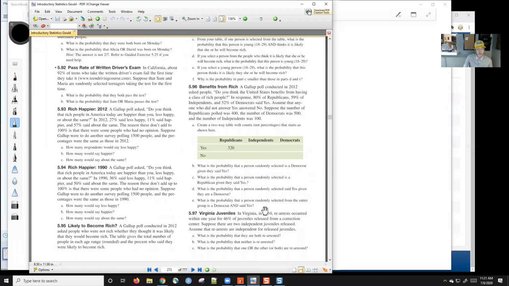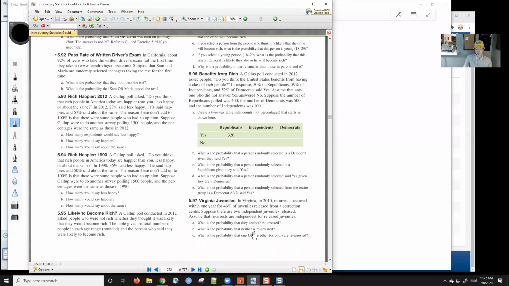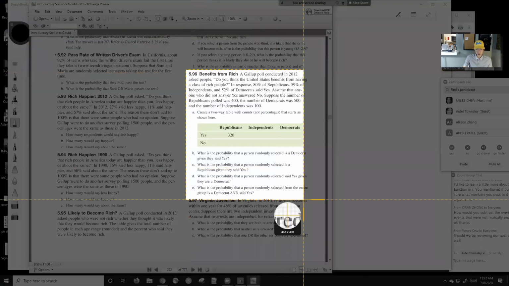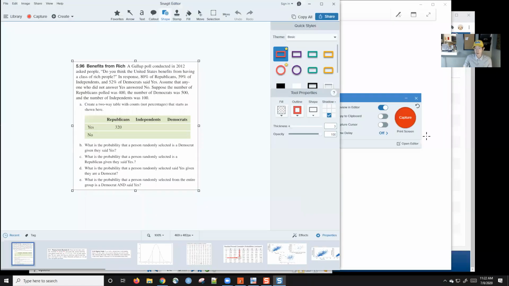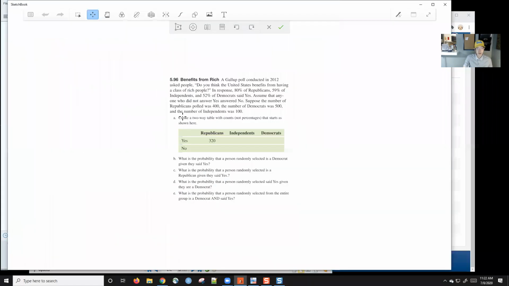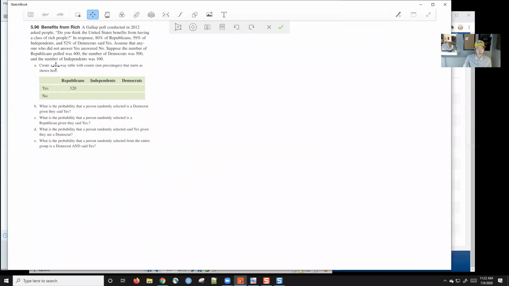Okay, let's look at this problem, 5.96. Also a probability thing, 2012.